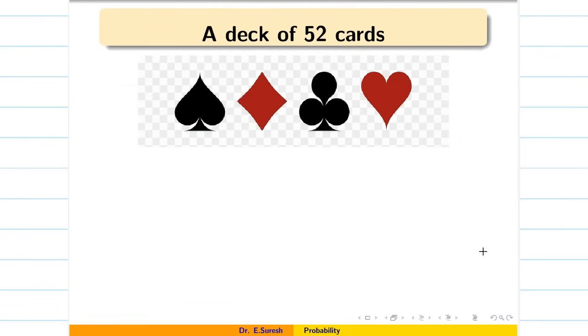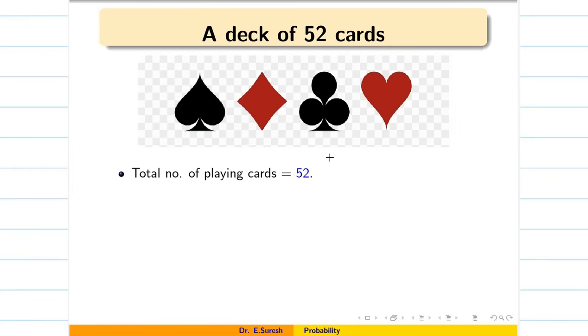Next, the important thing: as I said, we dealt with dice first, then coins. Now we are going to deal with the deck of cards. You people are aware of cards. The total number of playing cards is 52.